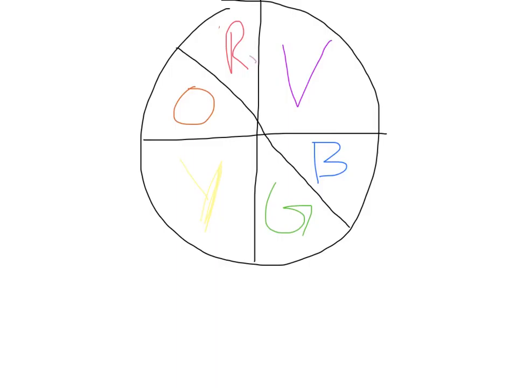So, for example, hexaamine cobalt 3, we would predict that it absorbs blue, and therefore we would observe orange. See the connection?